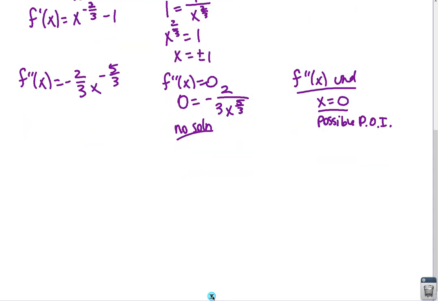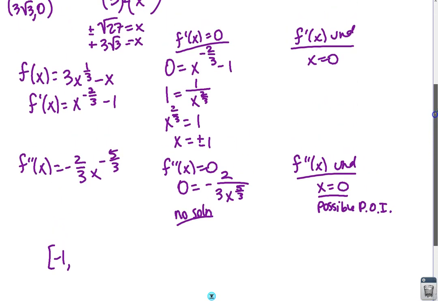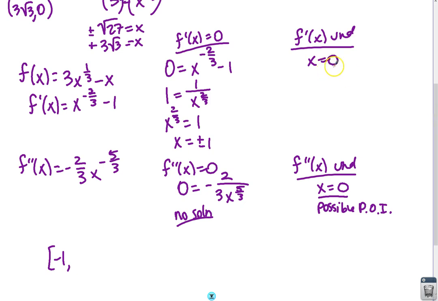I can't skip that. So all the numbers that we have: we started at negative 1, because our interval, we wanted the graph from negative 1 to 8. So I have negative 1, 0, and 1.